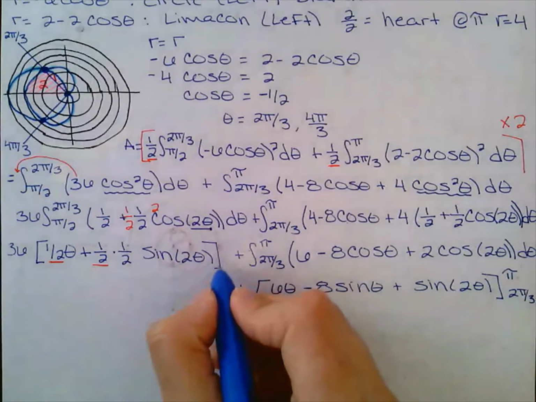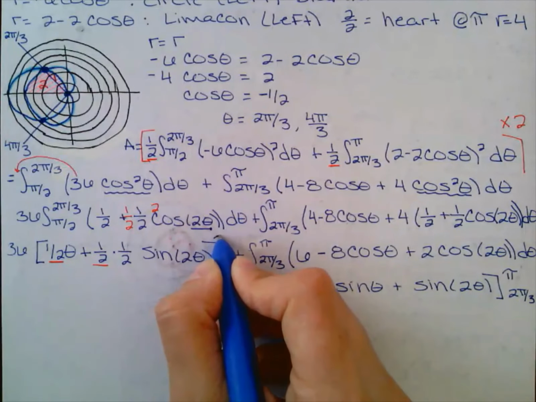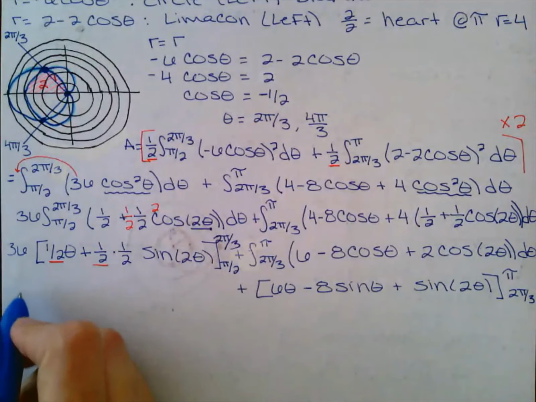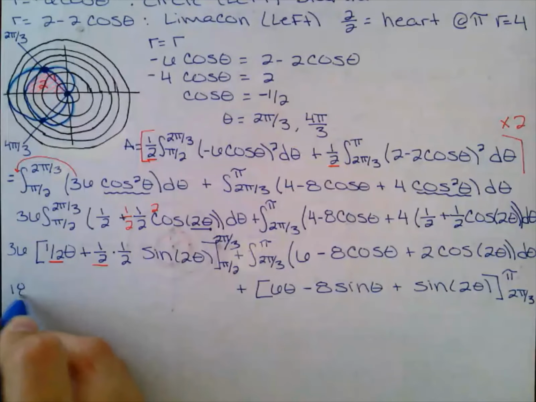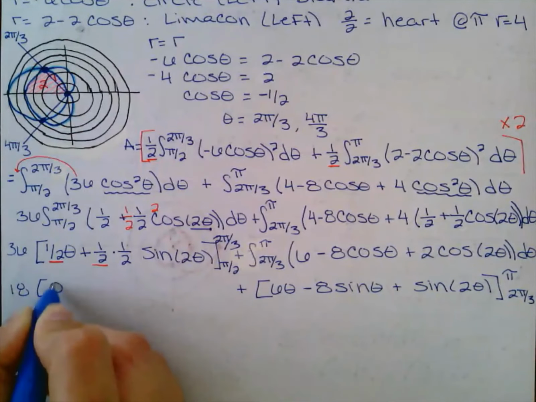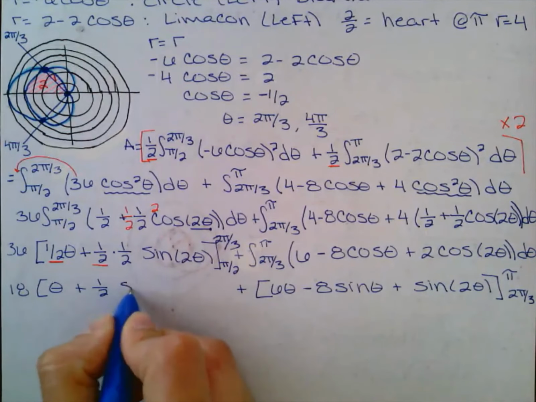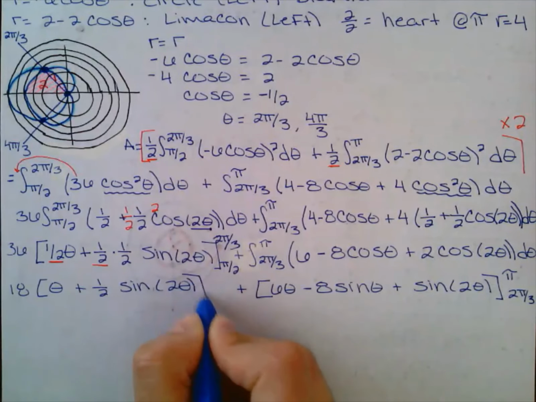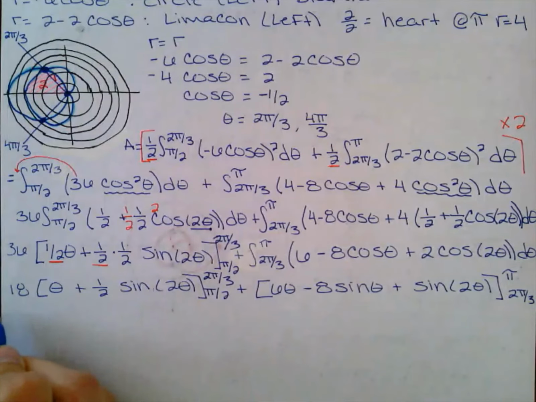Okay, and now I can go ahead and start working on my f of b minus f of a. Here we said we were going to take out that half, is 18. And now I just have theta plus half sine of 2 theta. I'm going to take a minute and do my f of b minus f of a.